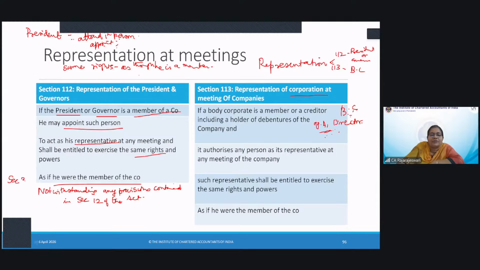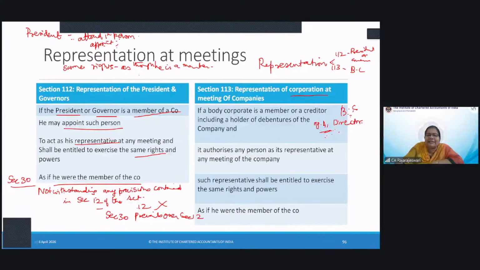Assume section 30 says, notwithstanding any provisions contained in section 12 of the Act. Meaning, whatever provisions have been contained in 12, that is not applicable. Section 30 prevails over section 12. That you call a non-obstante clause.